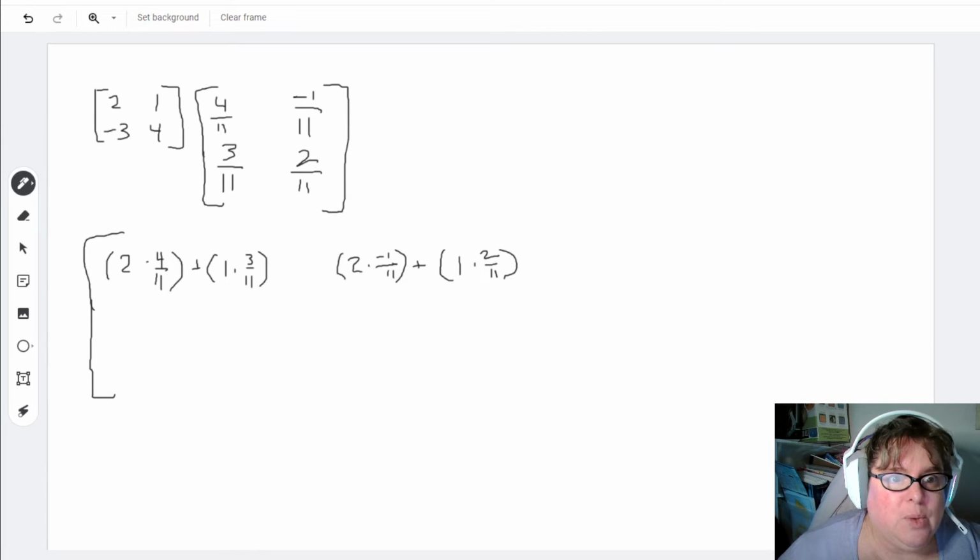And hopefully you're seeing what's happening here. This one is going to be a negative 3 times 4 over 11 plus 4 times 3 over 11.